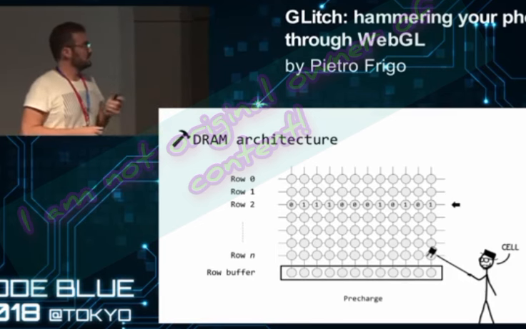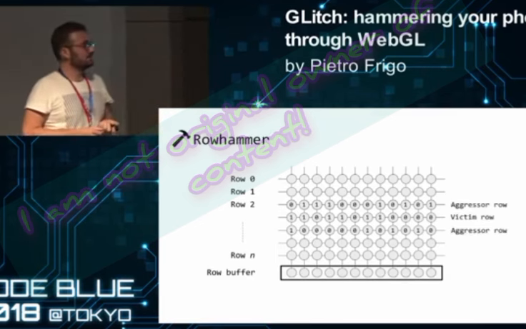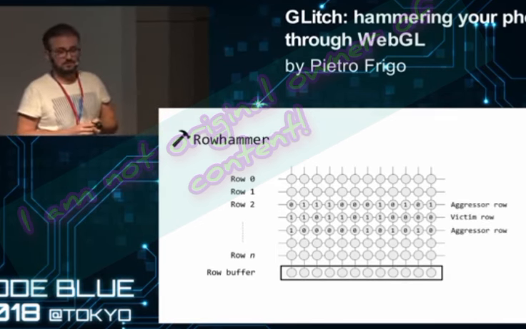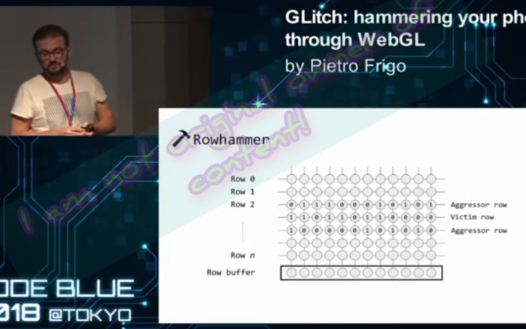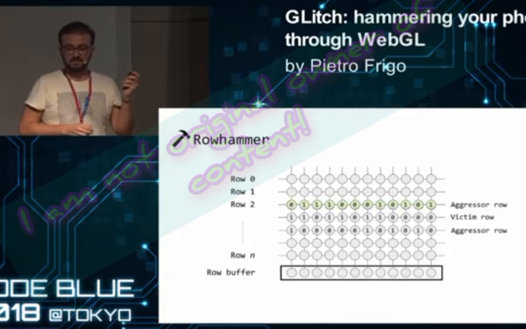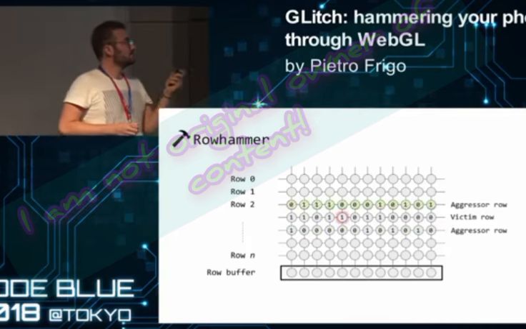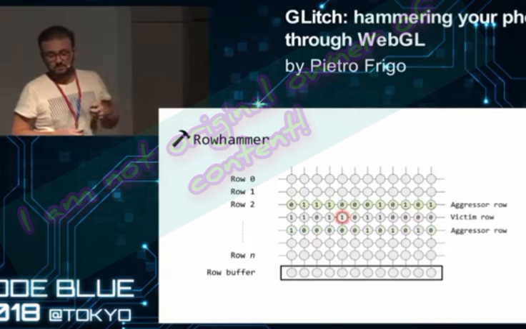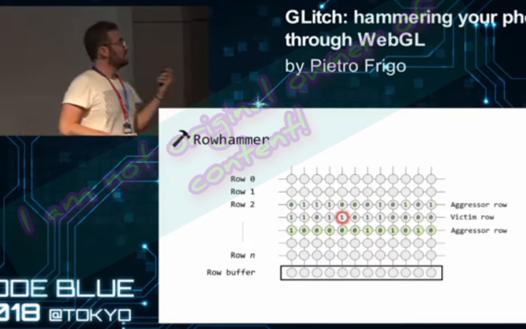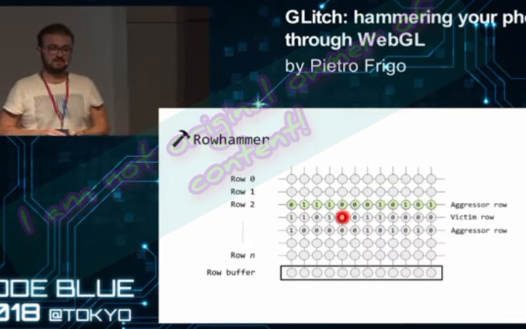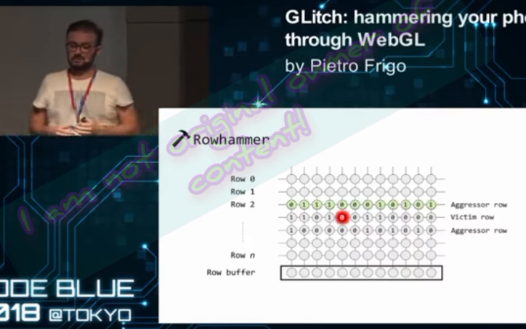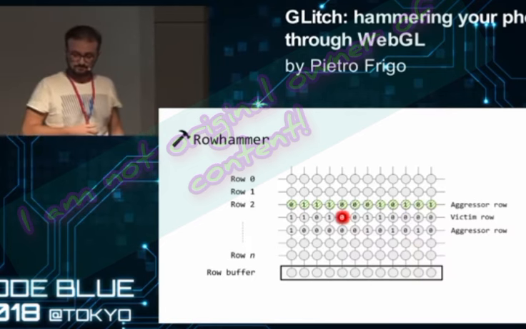Now, what researchers discovered is that if you perform a specific access pattern, usually choosing two aggressor rows with a victim row in the middle, and you access the aggressor rows fast enough, the charges in the victim row might start leaking. At one point, you can trigger a bit flip, changing the data from a 1 to a 0 or a 0 to a 1, again depending on the encoding.